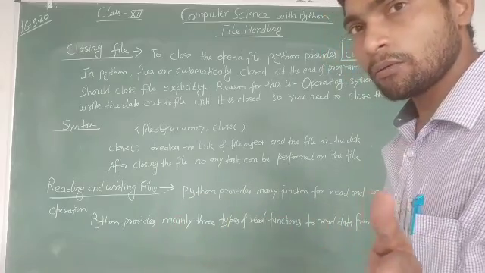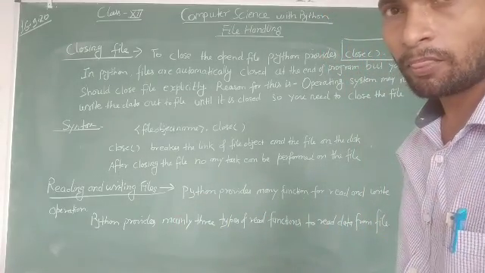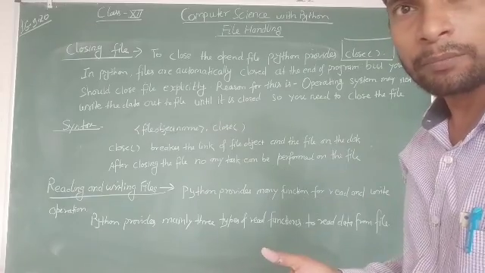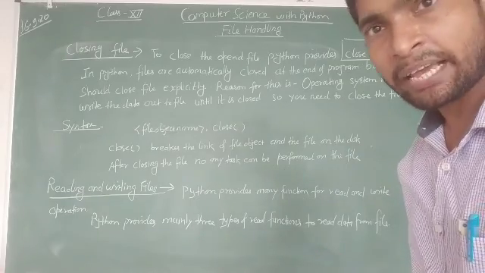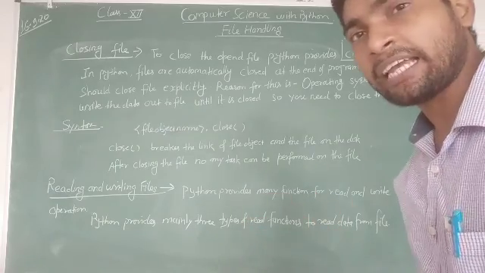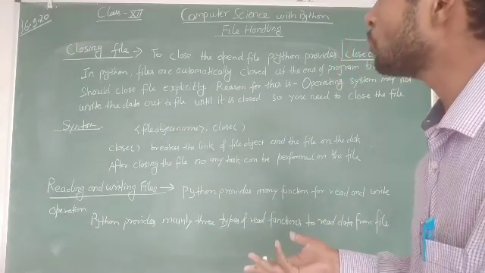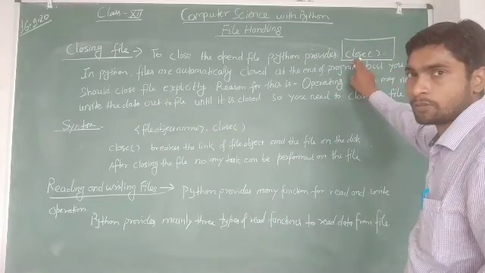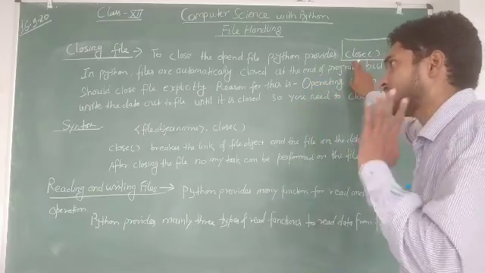But in this case, there may be some mishap, and your data might not be written to the file in some cases. So it is good practice to use the close function to close the file.